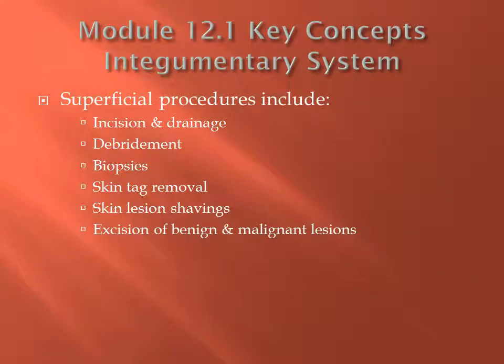Module 12.1, Key Concepts of the Integumentary System. We have superficial procedures, and these include incision and drainage, debridement, biopsies, skin tag removals, skin lesion shavings, and excision of benign and malignant lesions.